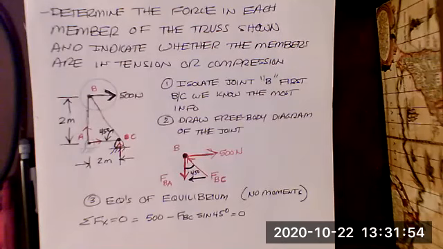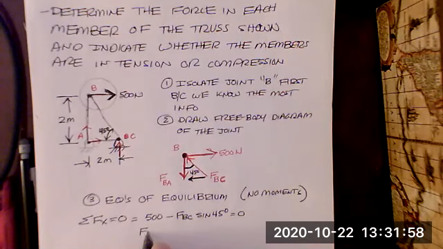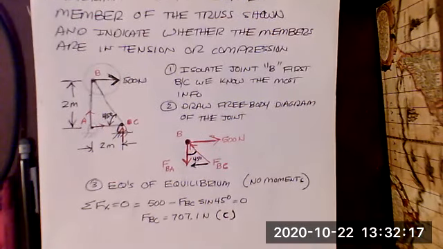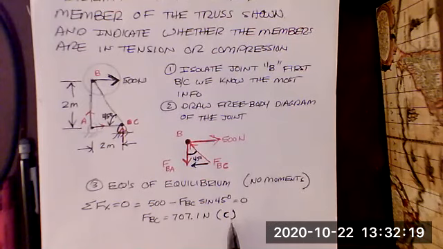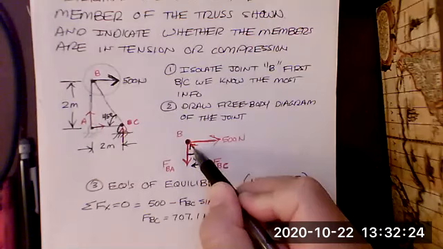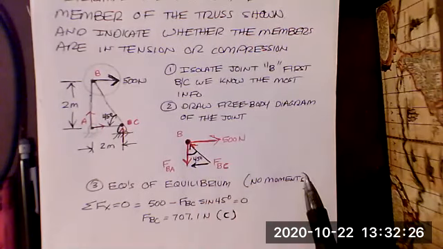When you solve for this, you're going to get FBC equals 707.1 newtons. And then put parentheses, compression. Why am I doing this? Because this member here is a compressive force on the joint.